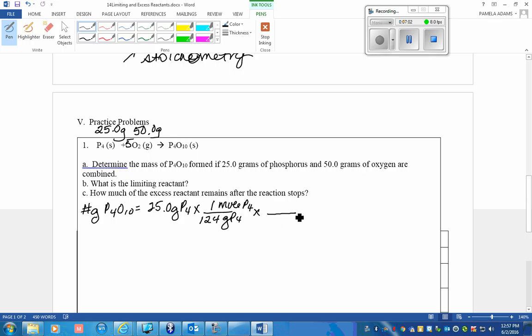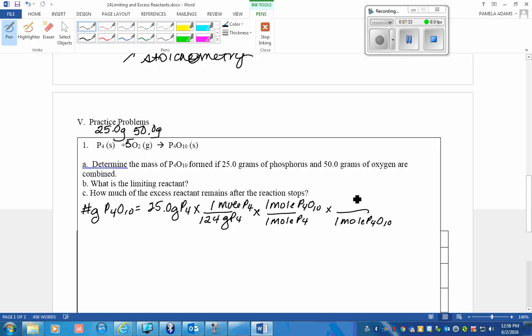My next step is my stoichiometry step that allows me to stop calculating P4 and start calculating P4O10. The moles of P4 go on the bottom because we always move in a diagonal fashion, and P4O10 goes on top. And now we're ready to calculate the grams of P4O10.